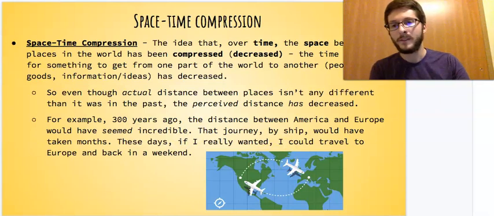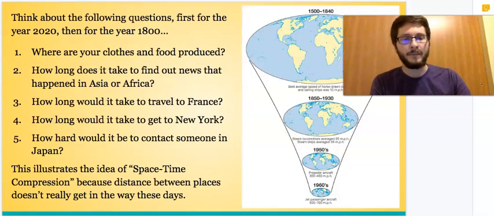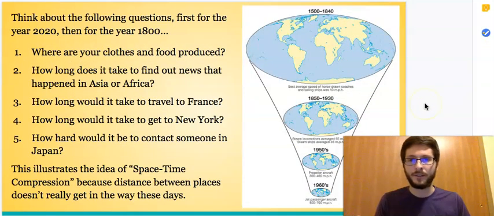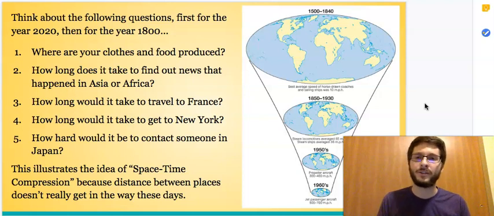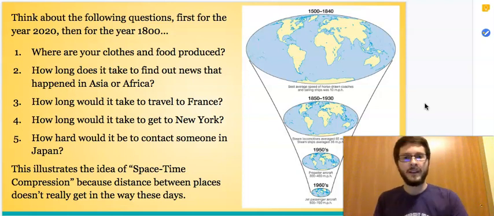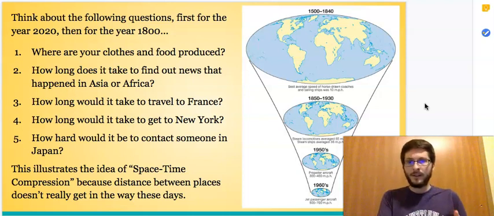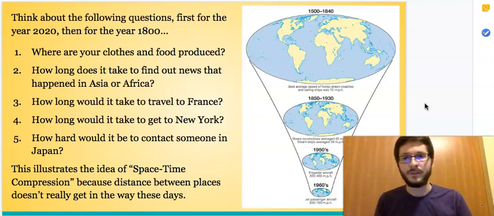Okay? So just to illustrate that again, I'm not going to spend time on this really, other than just to read these, but just to get you thinking about this concept of space-time compression, right? Think about these questions on your screen. If it was the year 2020 versus if it was the year 1800 or the year 1000, okay?